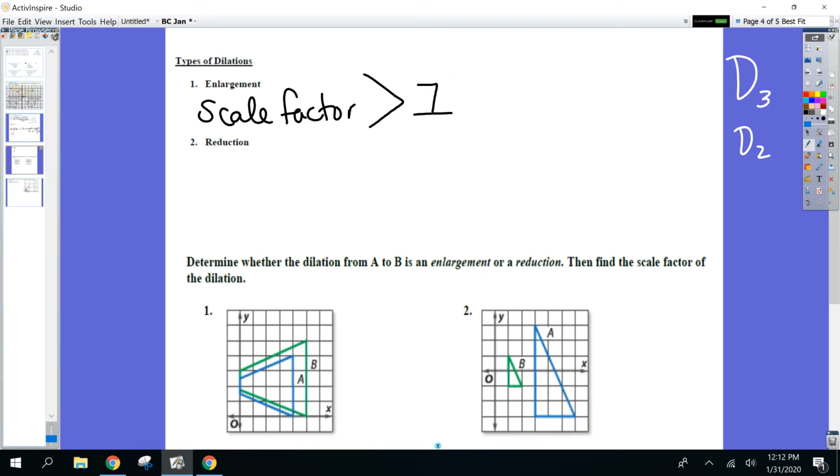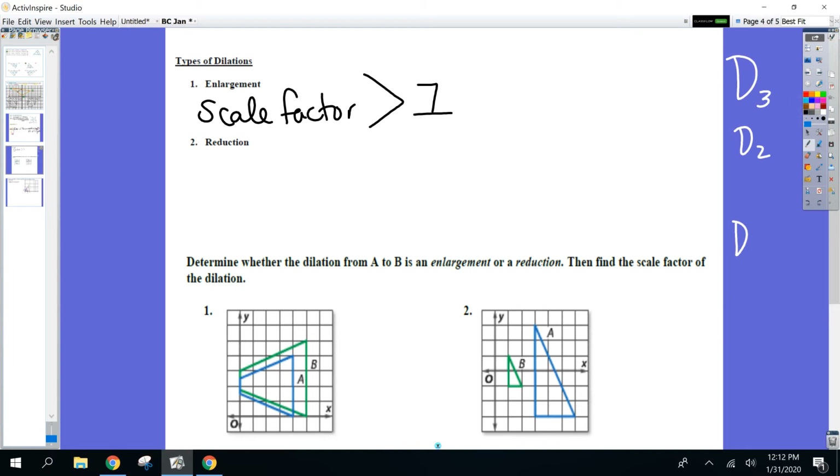All right, what about if it's shrinking? Ooh, you got to clean that up. I'm not going to accept less than 1, because surprisingly, that's less than 1, but that's actually an enlargement. I'll talk more about that later. Give me an example. A fraction? 3/2 is a fraction, but it's not a reduction. Okay, we're getting it now.